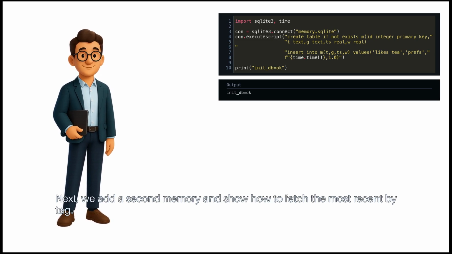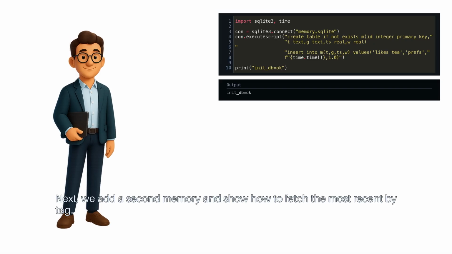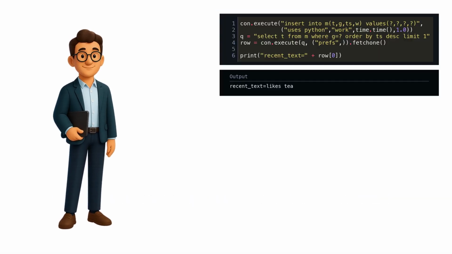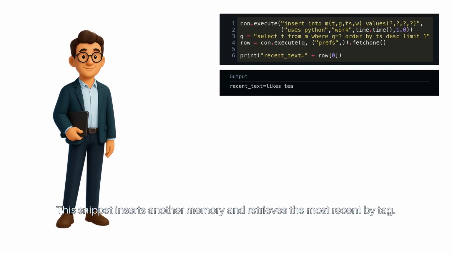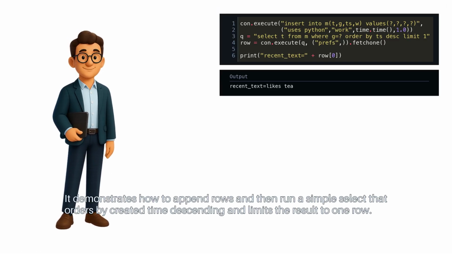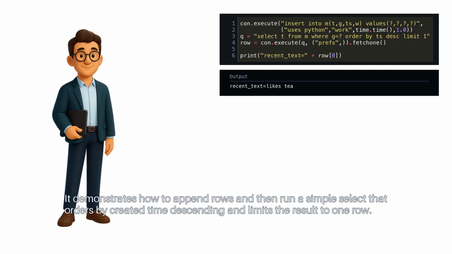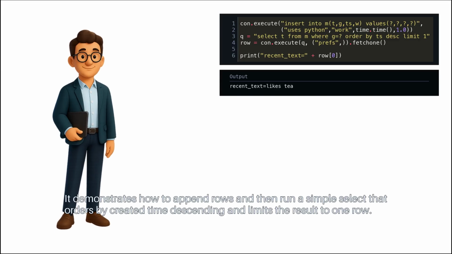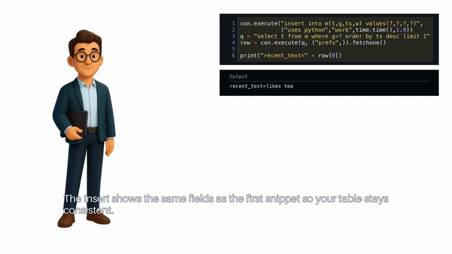Next, we add a second memory and show how to fetch the most recent by tag. This snippet inserts another memory and retrieves the most recent by tag. It demonstrates how to append rows and then run a simple select that orders by created time descending and limits the result to one row. The insert shows the same fields as the first snippet, so your table stays consistent.